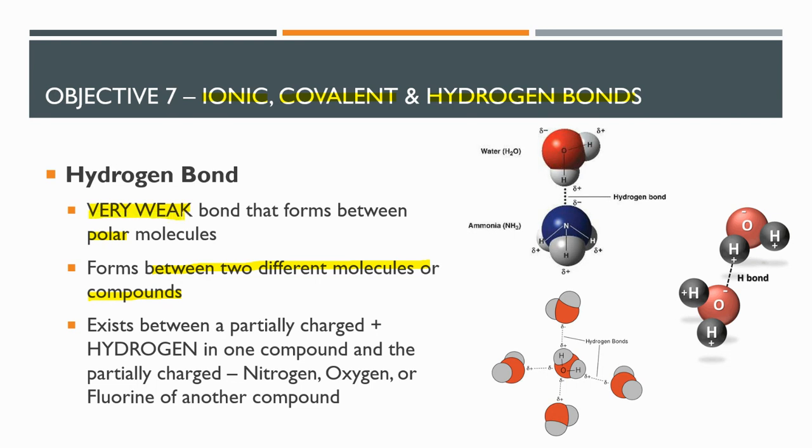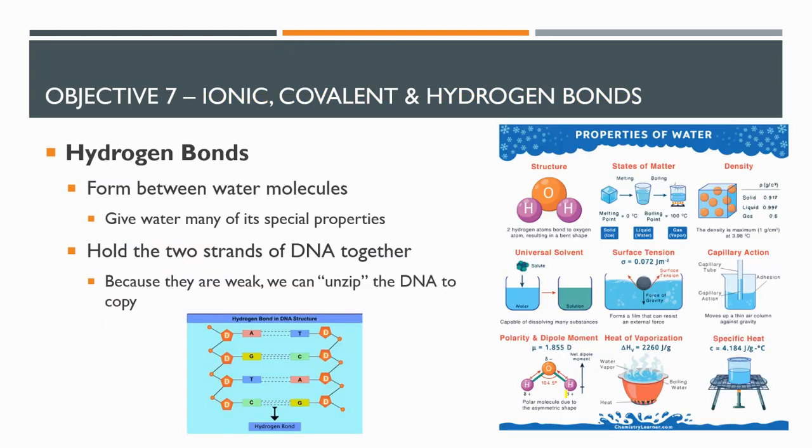A lot of times compounds that contain nitrogen, oxygen, or fluorine are your electron hogs. They like to pull them close. And so when we have polar molecules that have these partial charges, that is when we will get those hydrogen bonds, because those kind of positive hydrogens will bind to the kind of negative regions of another compound.